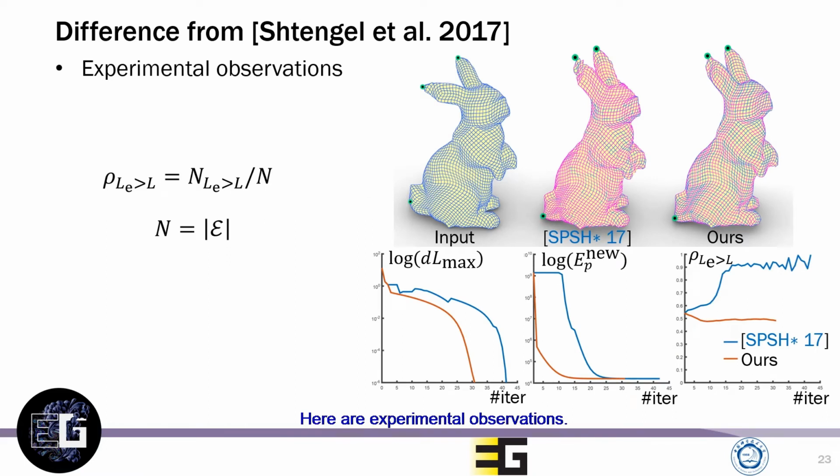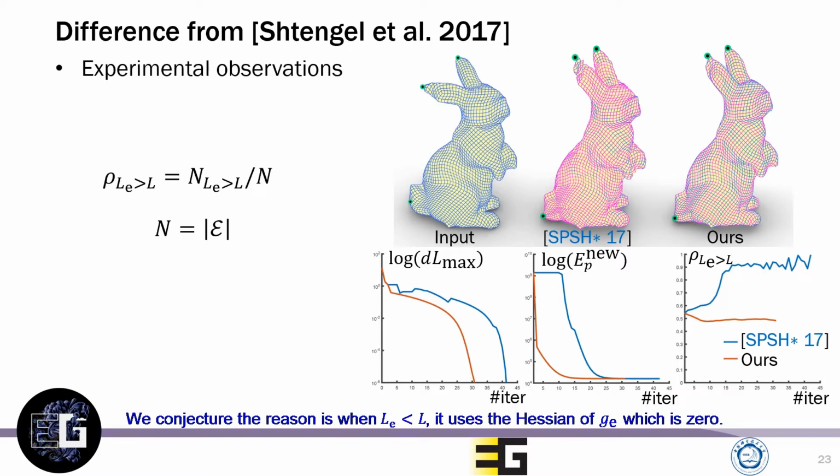Here are experimental observations. We define a measure ρ to record the proportion of edges that satisfy L_e greater than L, and we color those edges pink. As shown in the bottom right figure, their solver tries to make L_e greater than L for all edges. When that is satisfied for most edges, the energy and the L_max drop suddenly.